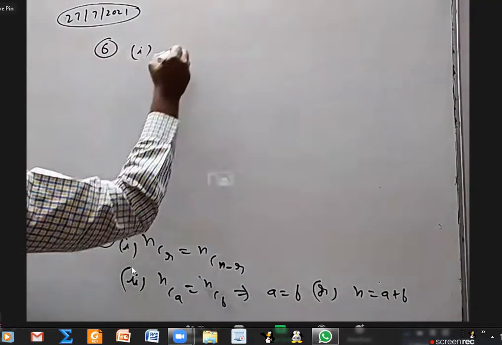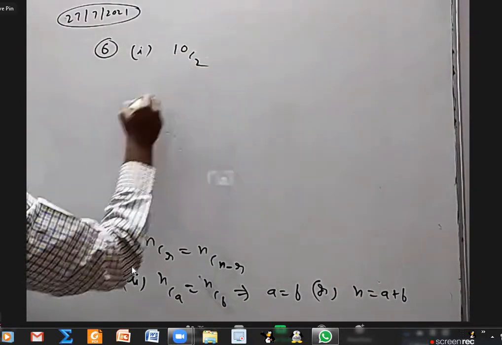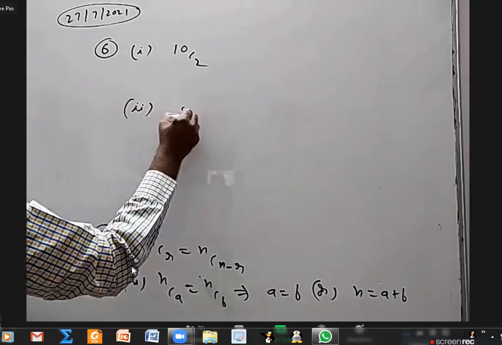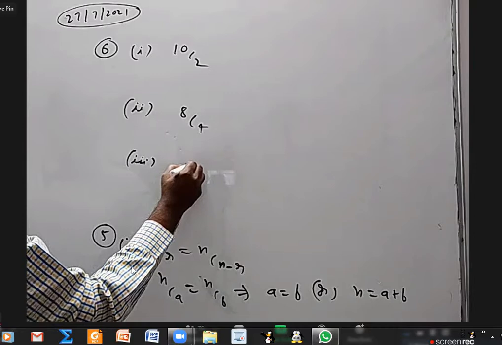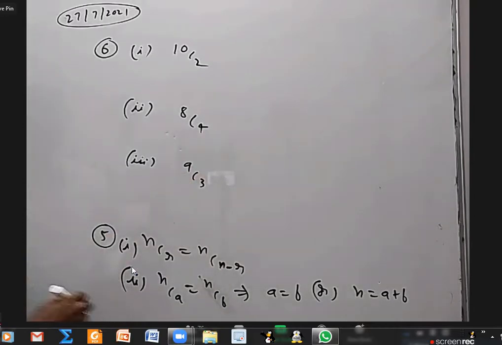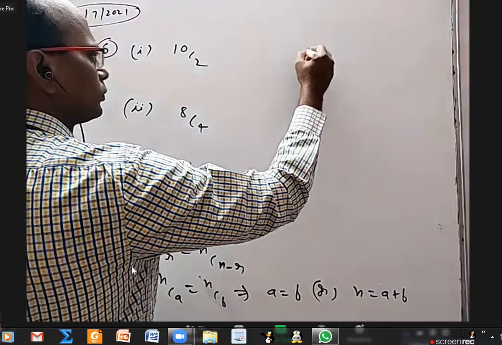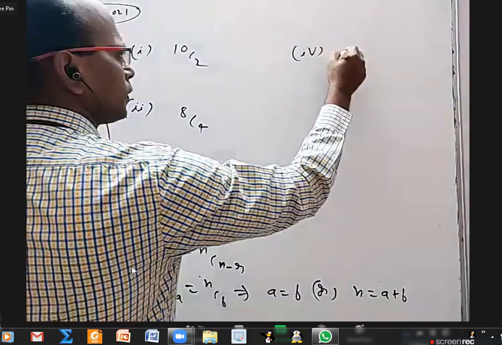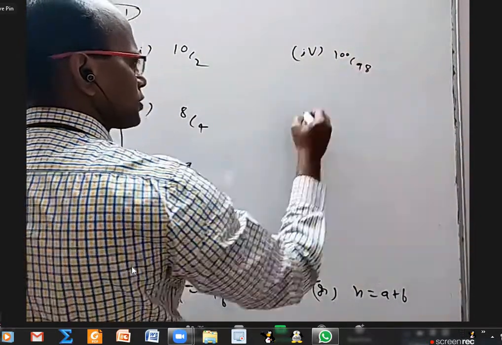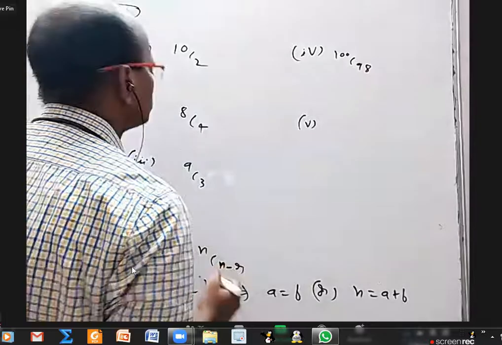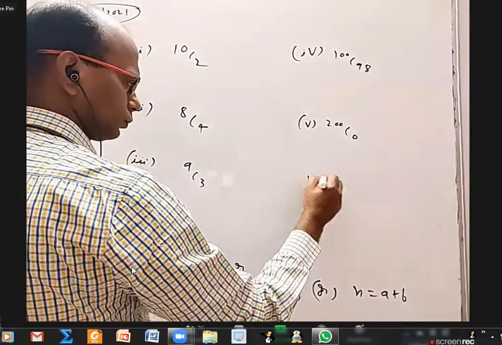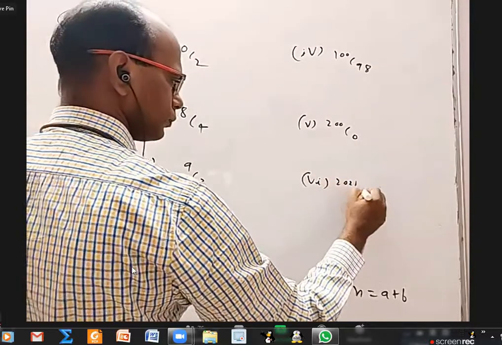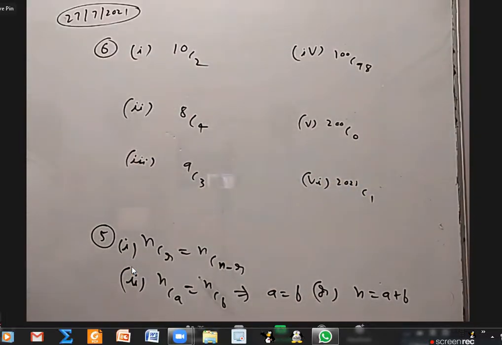I'll give here 10C2, 8C4, 9C3, 100C98, 200C0. Try to find these values.